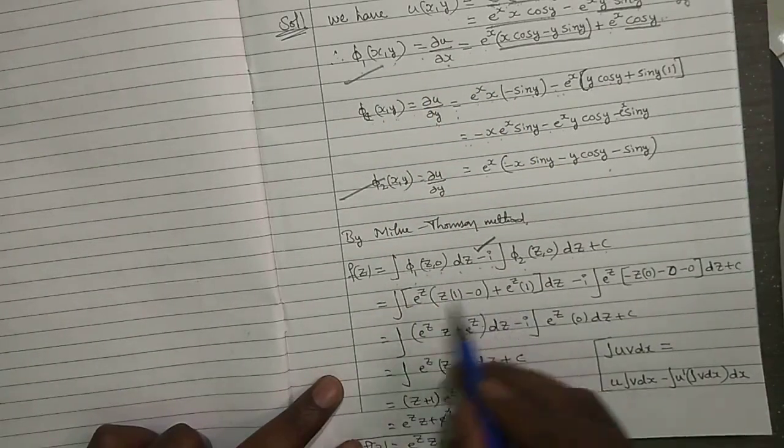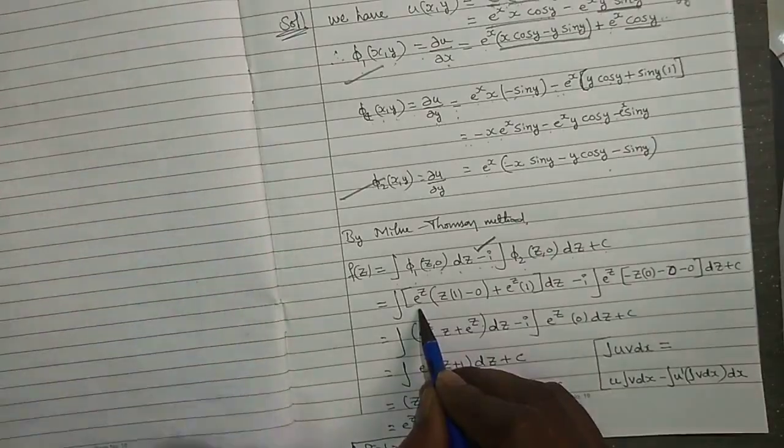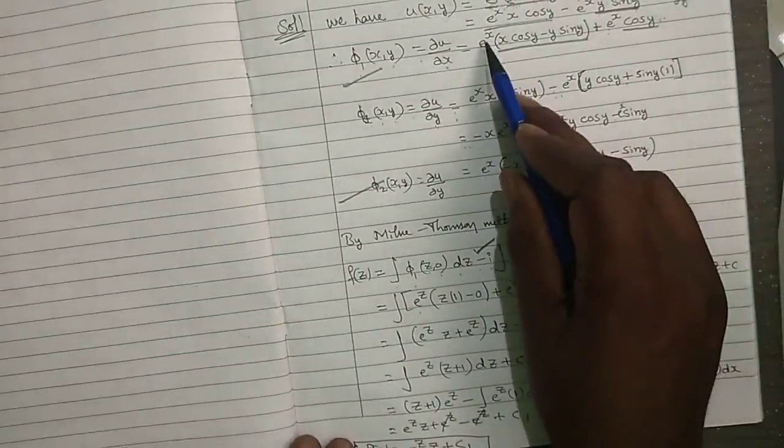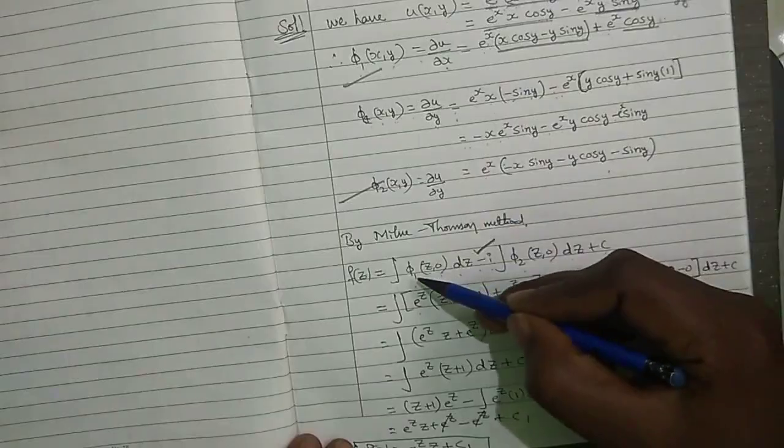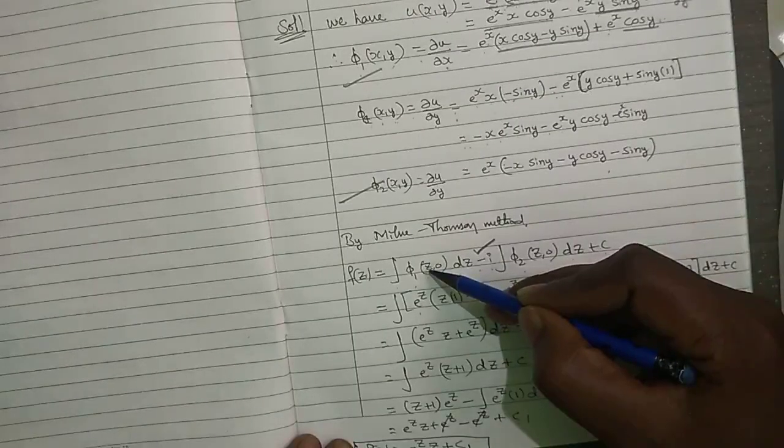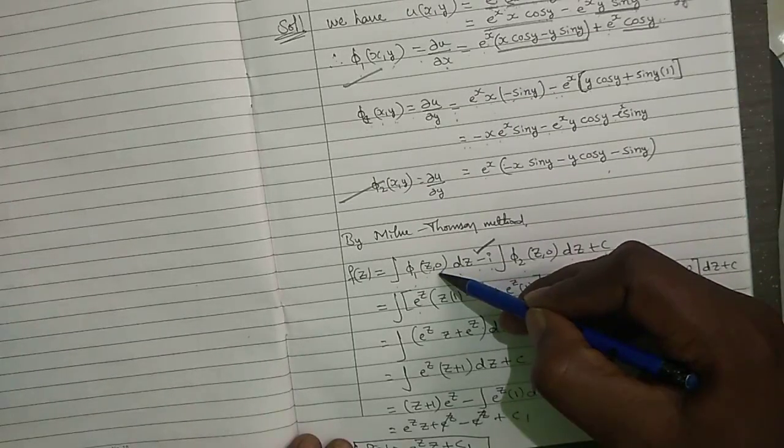So what I'm going to do here, look, wherever x is there I'm going to substitute z, because for pi 1 the x value is z and the y value is 0.